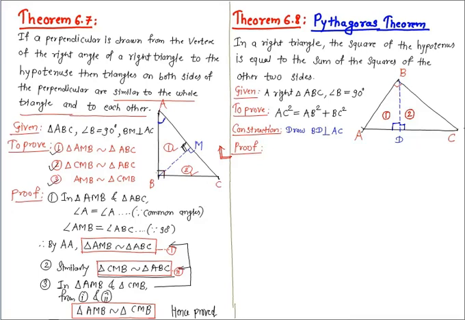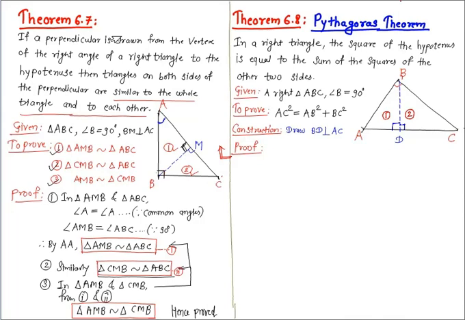So using Theorem 6.7, triangle ADB is similar to whole triangle ABC, and second triangle BDC is similar to whole triangle ABC, and also these first and second triangles are similar to each other. That means triangle ADB is similar to triangle BDC.